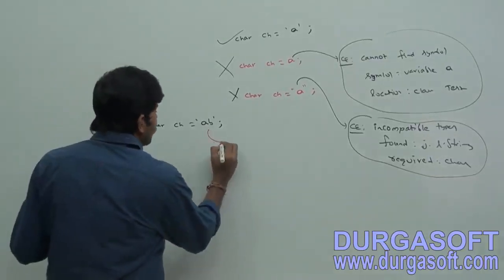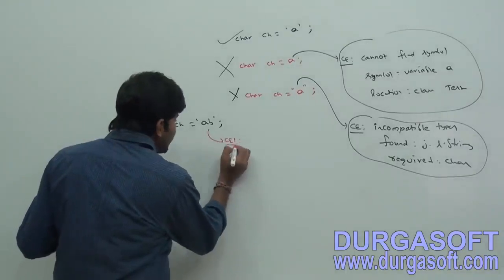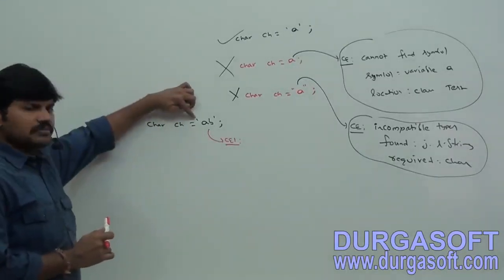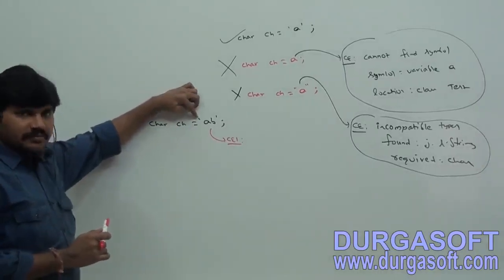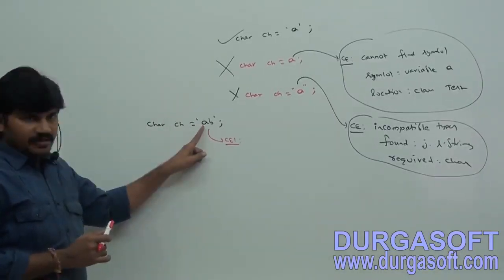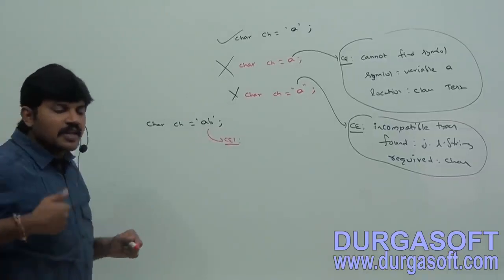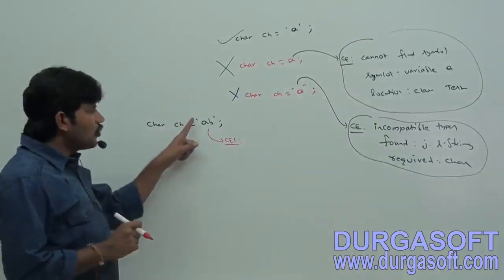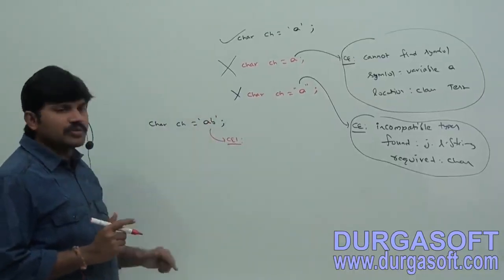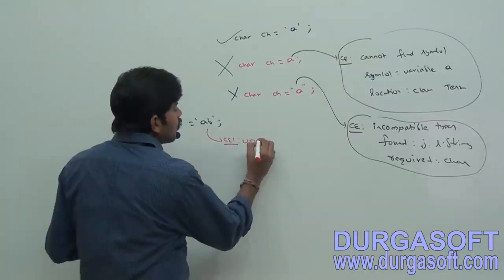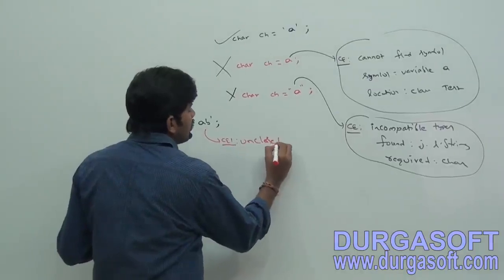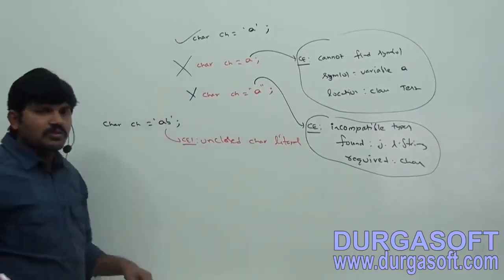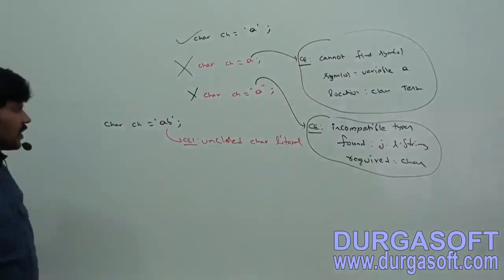Listen: is the first single quote acceptable? Valid. Then the single character a, valid. After a, what is my expectation? A single quote. You didn't close it. That's why we get unclosed char literal, unclosed character literal compile time error.